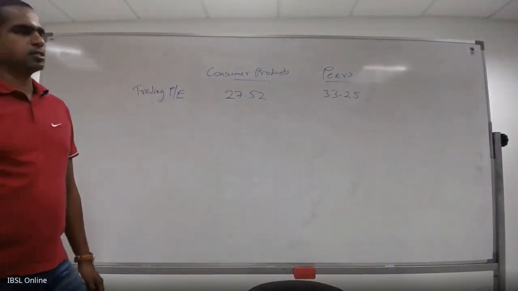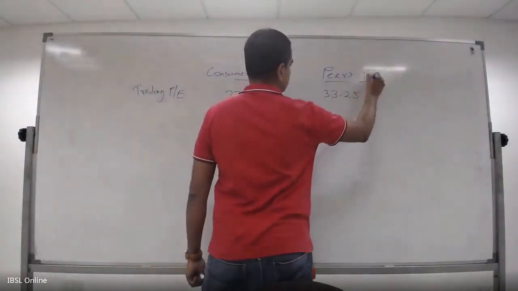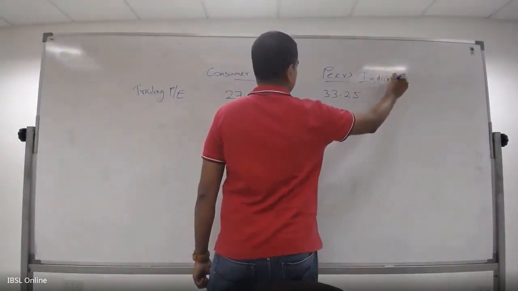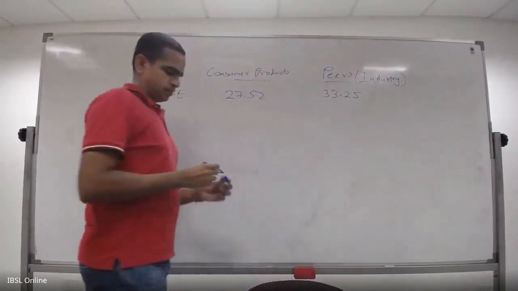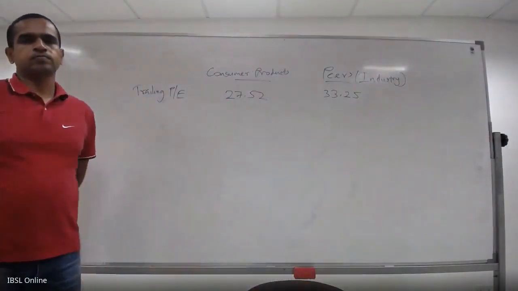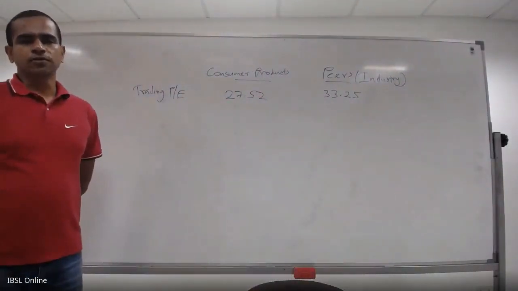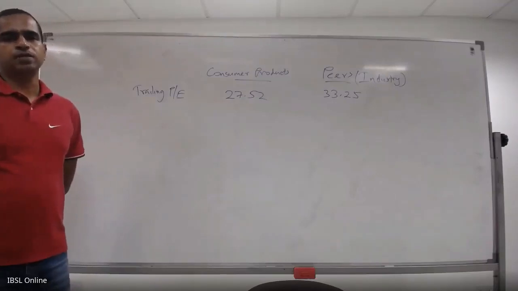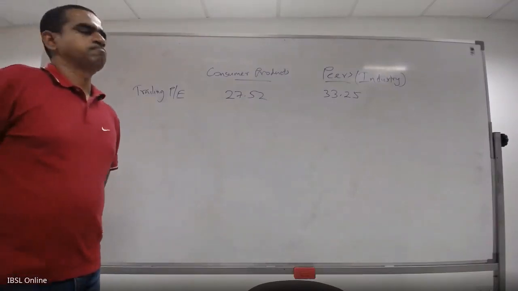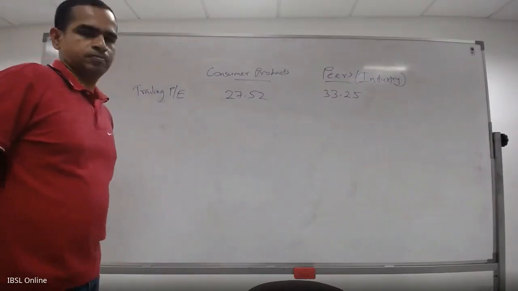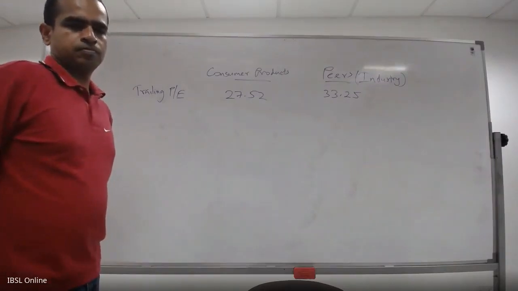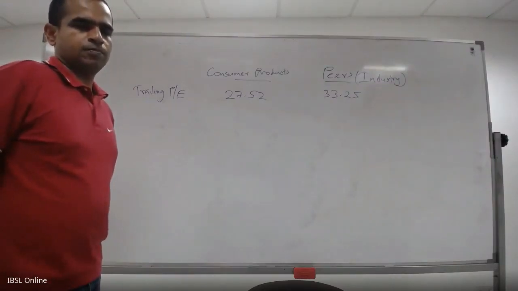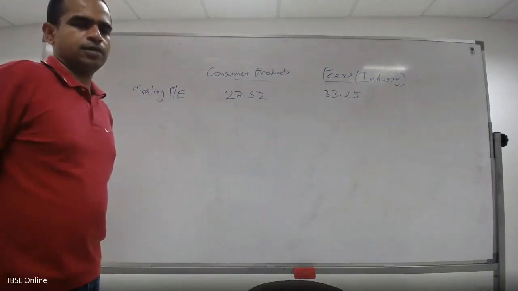So peers are the industry. Assuming there are no differences in fundamentals among the peer firms and consumer products, the firm is correctly valued, overvalued, or undervalued.